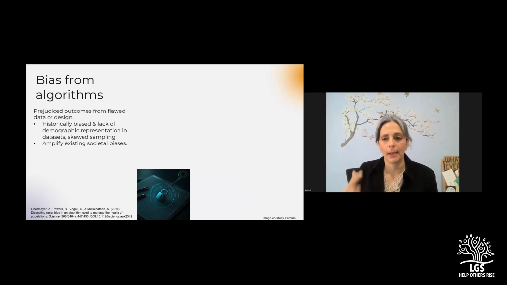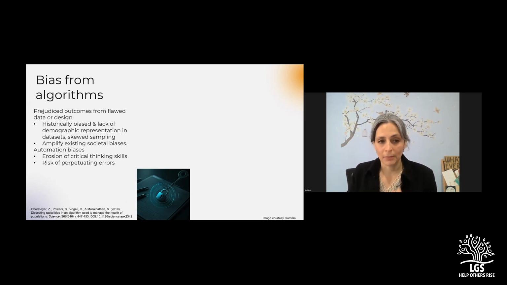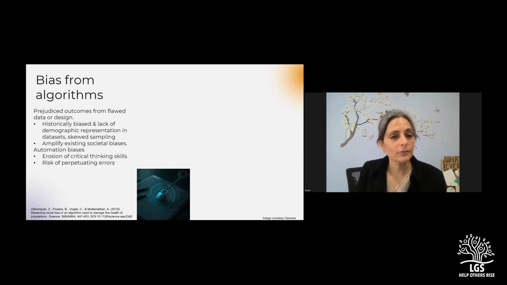Typically, high resource settings, places where there's more money, generate more data sets, so you cannot really apply that to a low resource clinic or setting. It makes it much harder. We also talked about whether we just blindly believe what happens. There may be an erosion of critical thinking skills over time, as well as a risk of perpetuating errors, because we really don't know.